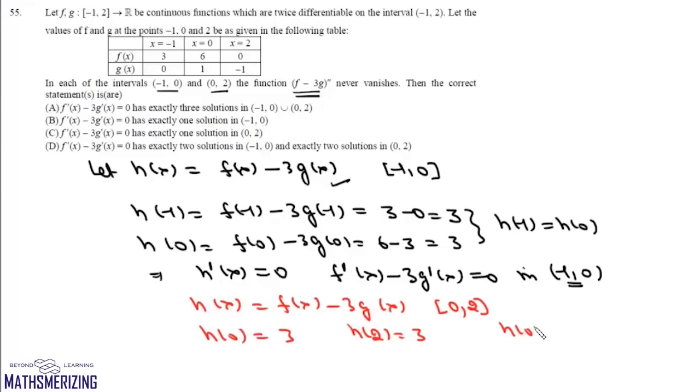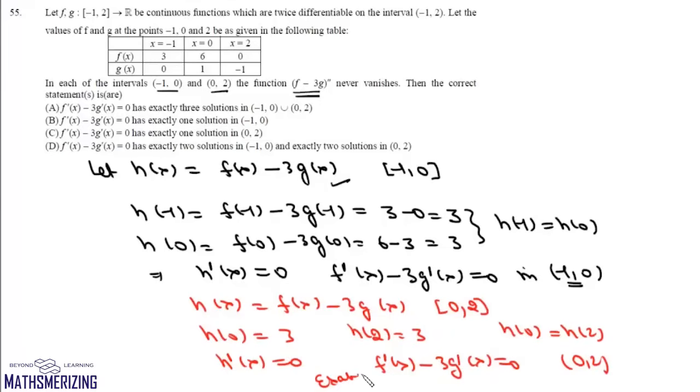So again h(0) equals h(2). So again from Rolle's theorem we can say there will be at least one point in (0, 2) such that f'(x) minus 3g'(x) equals 0. And here also there will be this exact condition, not at least. So the correct options are options B and C.